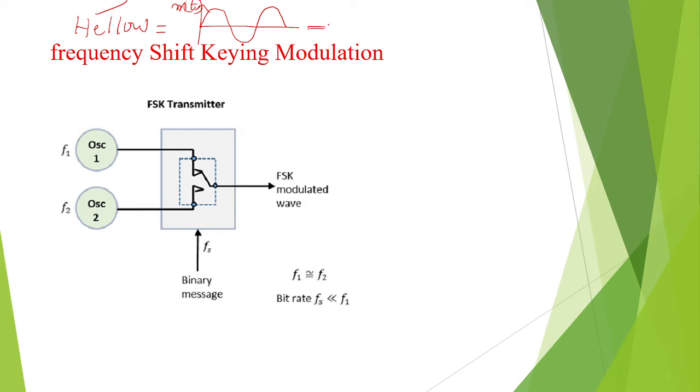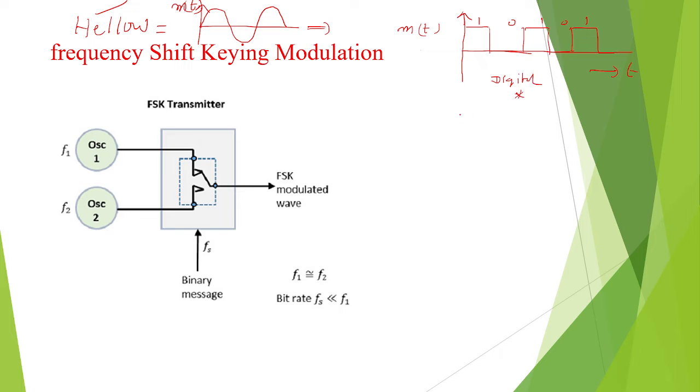Then, by using sampling and quantization, this signal is converted into digital binary ones and zeros. This is the digital binary equivalent signal. Just assume this is the message signal, 10101. But if you want to transmit over long distance communication, modulation is required again to transmit this digital signal.